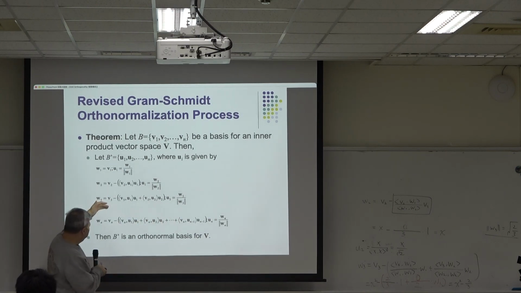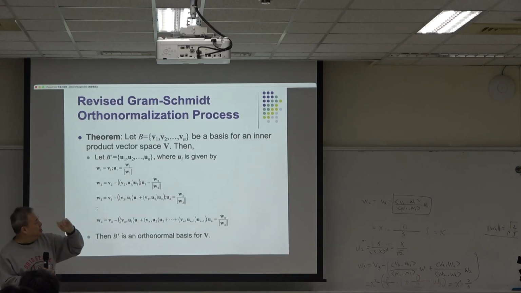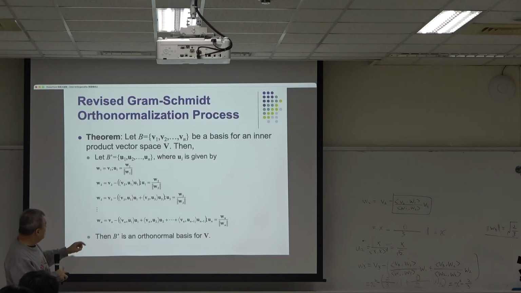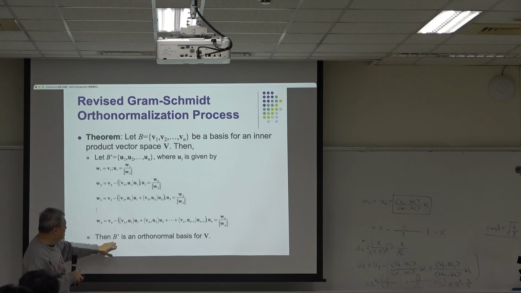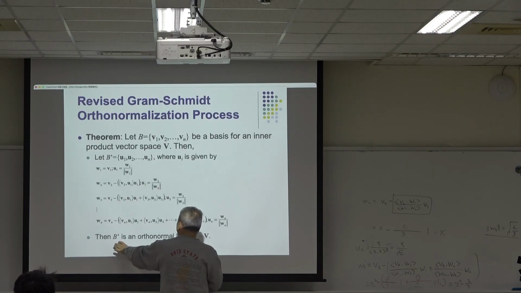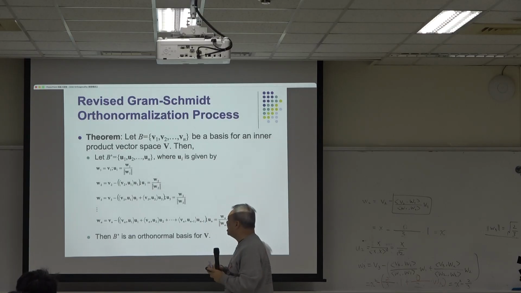Okay, and so on. It's a little bit cleaner because here we directly use Ui. So B prime is an orthonormal basis for B, consisting of U1, U2, and so on. Basically we already know that.